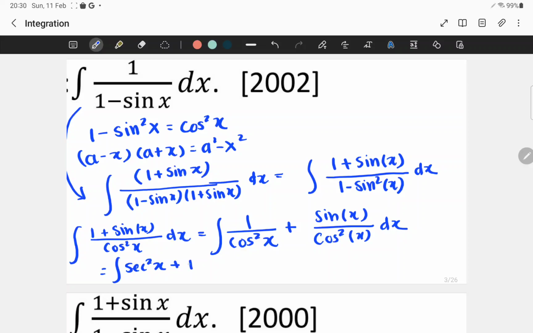Sin over cos is tan. Now we know sec square x integration is tan x. Sec x tan x is sec x plus constant c.